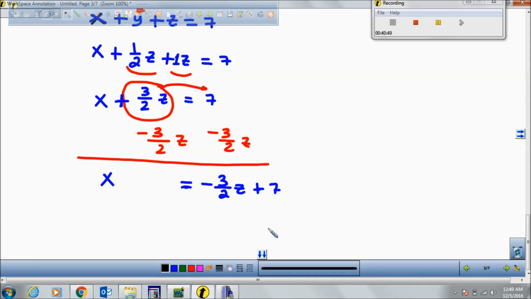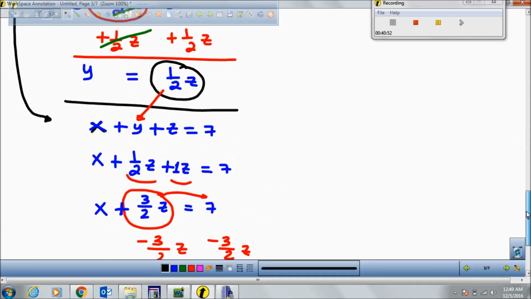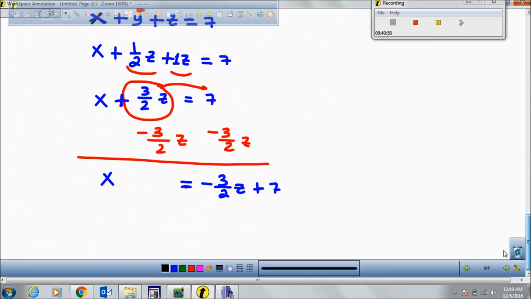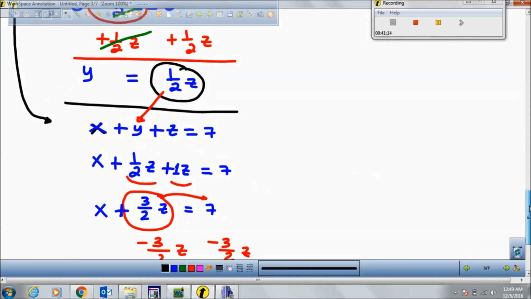So remember, the solution has to look like this, right? X, y, z. What's the value for x? This equation that you see here. I'm going to put here negative 3 half z plus 7. That's your x value, comma, your y, which is 1 half z, this one over here.